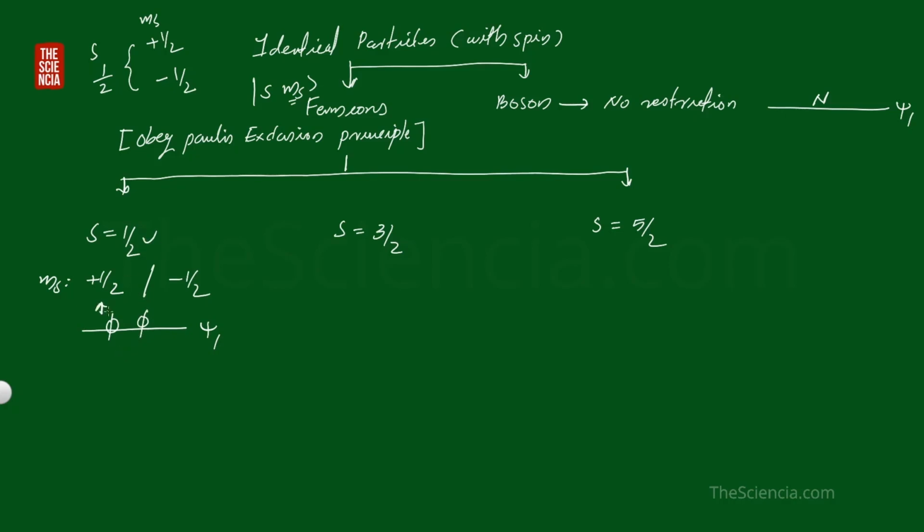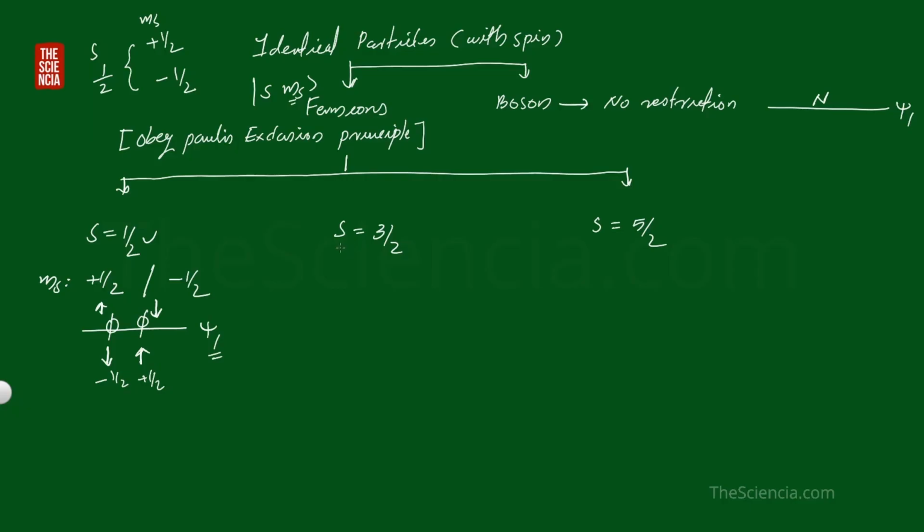That is, if one is in the upstate, the other should be in the downstate, or if one is in the downstate, the other particle should be in the upstate. That is the condition by Pauli's exclusion principle, that is, not all the quantum numbers will be the same. See, here the ms values are different for different particles, right? Here it is minus half, here it is plus half. So not all the quantum numbers are the same. The orientation of the spin part is different. Okay, so in a particular state psi 1, two fermions can occupy.